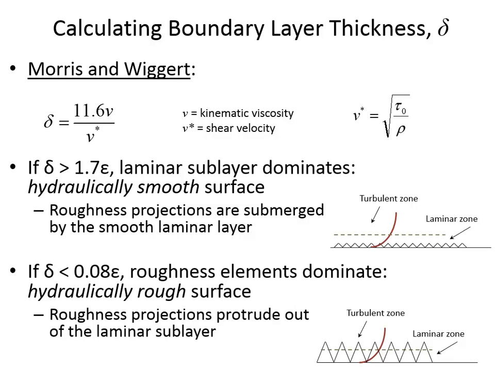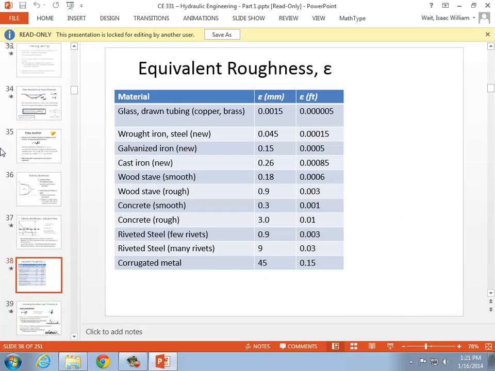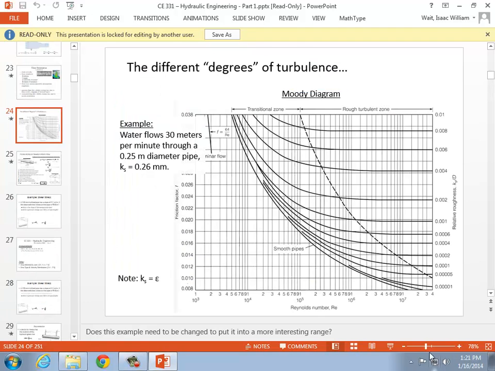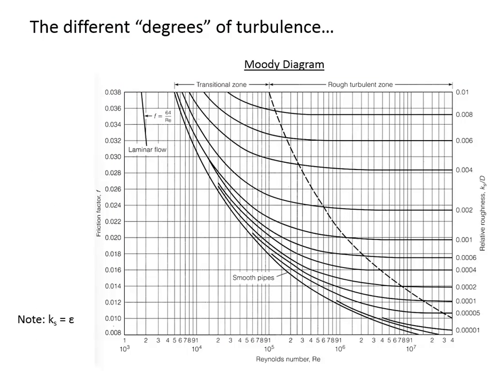So before we do this last example, let's go back to the Moody diagram. Again, this diagram is in your textbook if you want to find a nice big copy of it, but here is rough turbulent and transition, and here's the curve for smooth pipes. So the implication of it is that the F value, once it gets past this dashed line, is essentially horizontal.